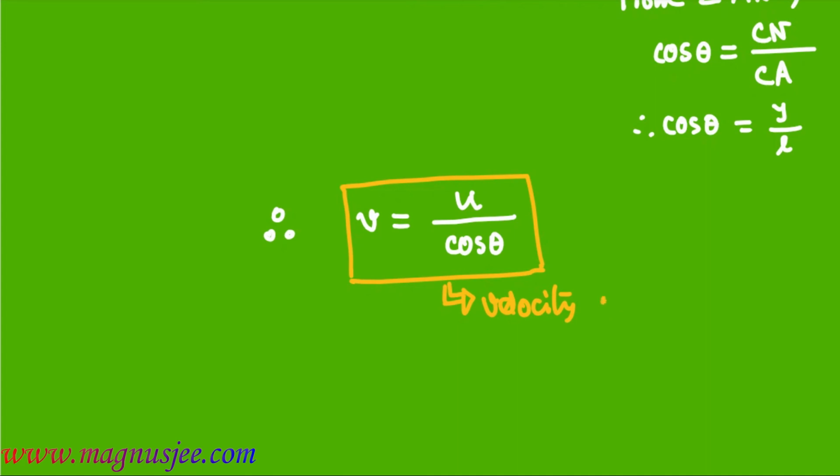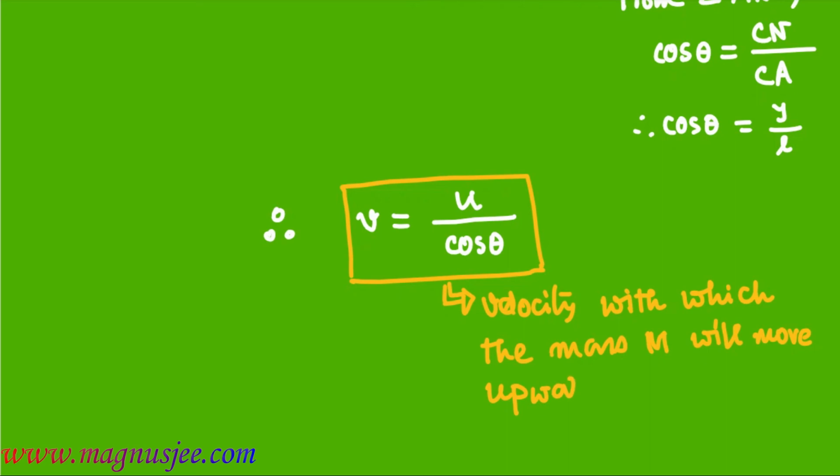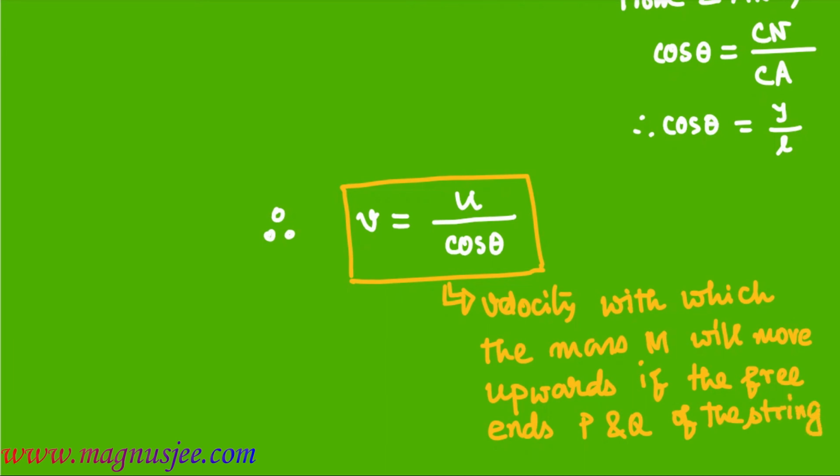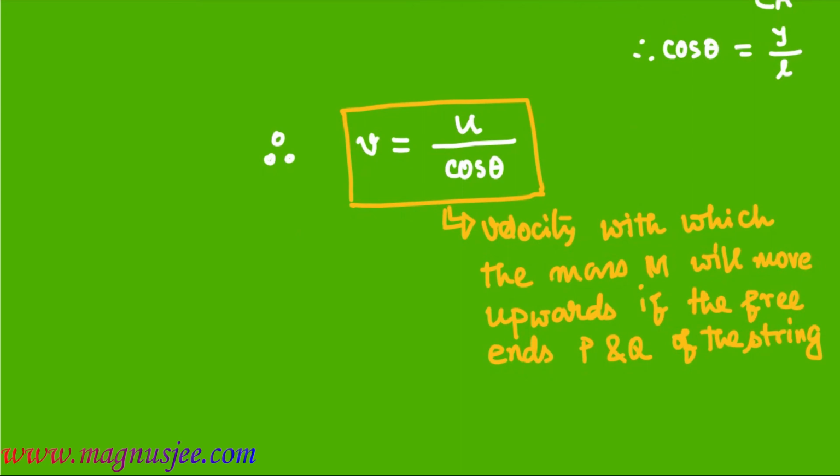So v equals u by cos theta is the velocity with which the mass M will be moving upwards if the two free ends P and Q of the string are pulled downwards with a velocity u, where theta is the angle subtended by the oblique portion CA of the string with the vertical.